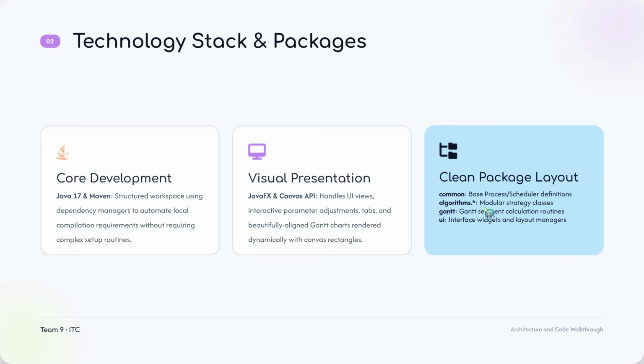In the algorithm package, we use the modular strategy pattern, with a distinct class for each scheduling logic. The Gantt package manages the exact spatial calculation and time visualization of the project. And the UI container contains all the interface, managing all widgets and layout.